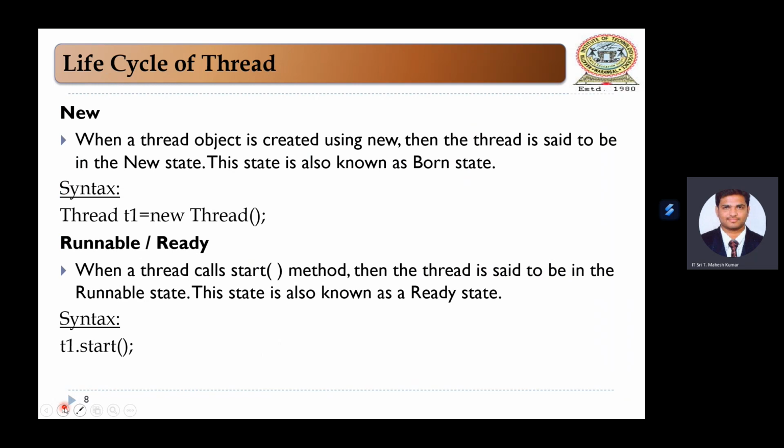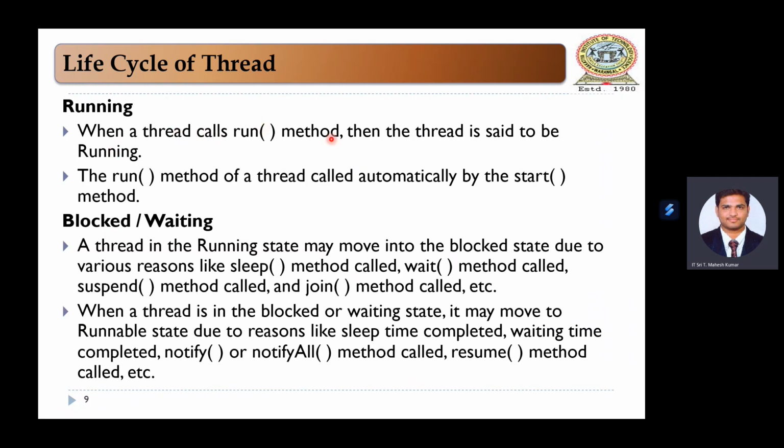Now we'll talk about the new state. This state we can also call the born state. In the runnable state, it calls the start method, which we already discussed. In the running state, it calls the run method, and the thread is running. The run method is called automatically by the start method, so there is no need of calling it separately.